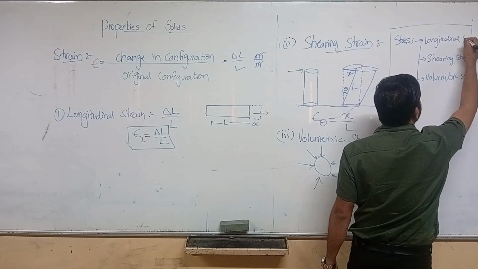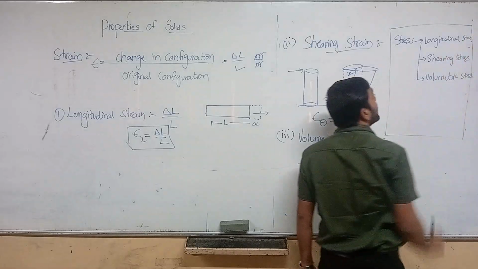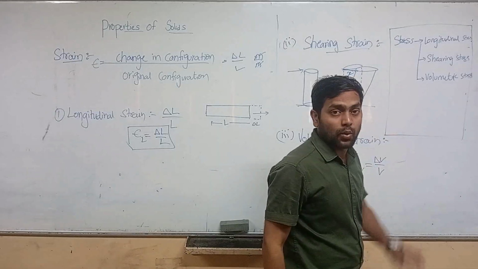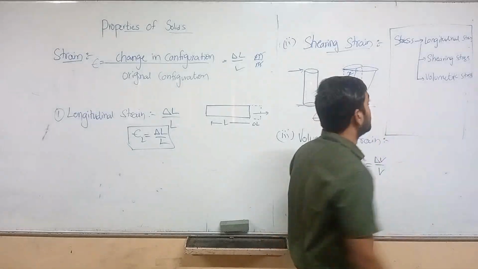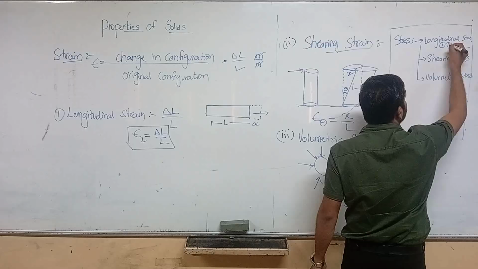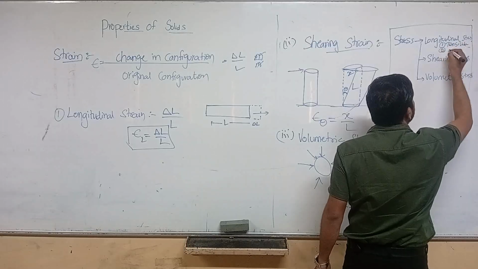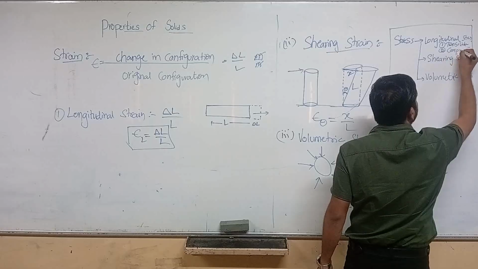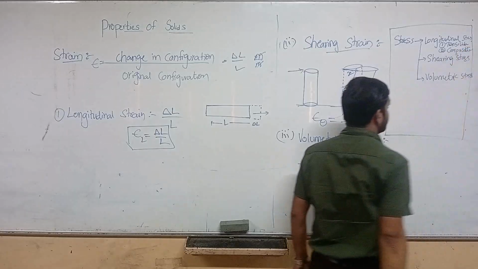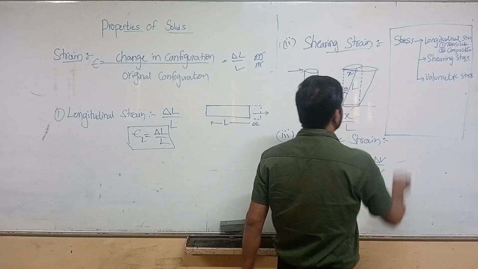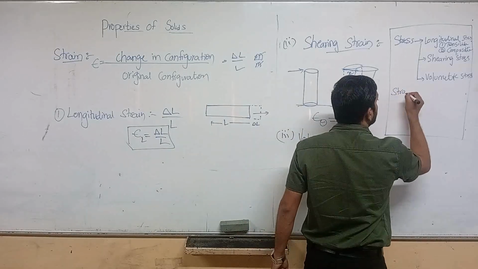In longitudinal stress, we have two types of stress. One is tensile, and the other one is compressible stress.